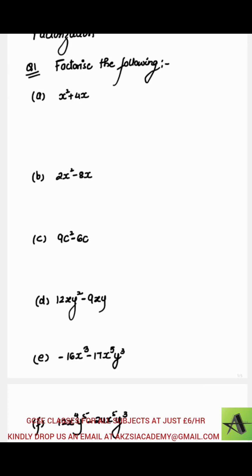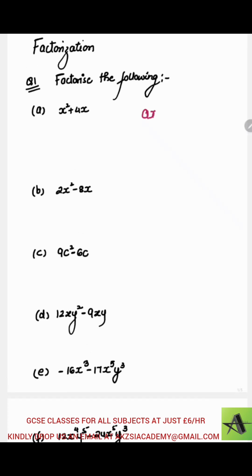See this one. The first one says factorize the following, which is x squared plus 4x. As I told you, your first instinct is to make factors, and that can be done by taking out something as common. If something is a quadratic, that means the highest degree of x is 2. How to factorize?